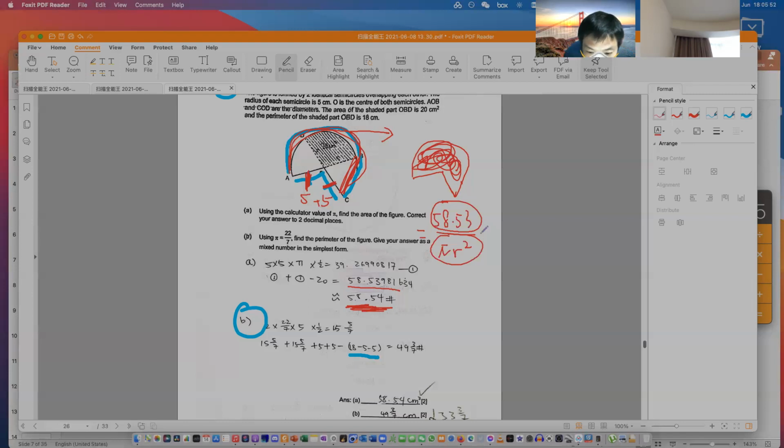Given this fraction, what you do next is 58.53 over pi r squared. Then you times 2 pi r to find out this part, because this fraction times the entire circle will give you this part.